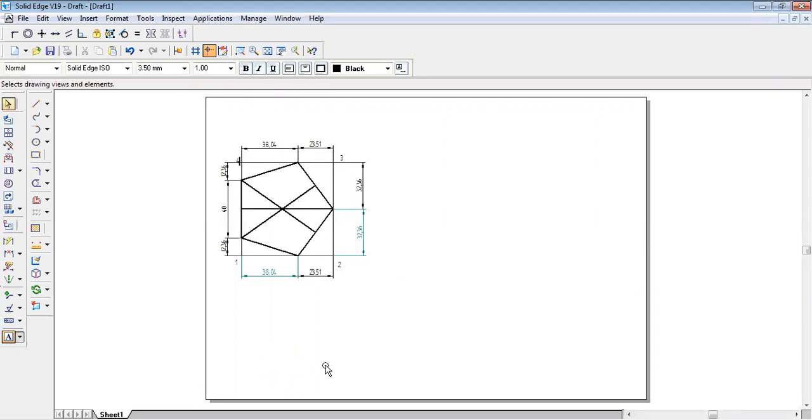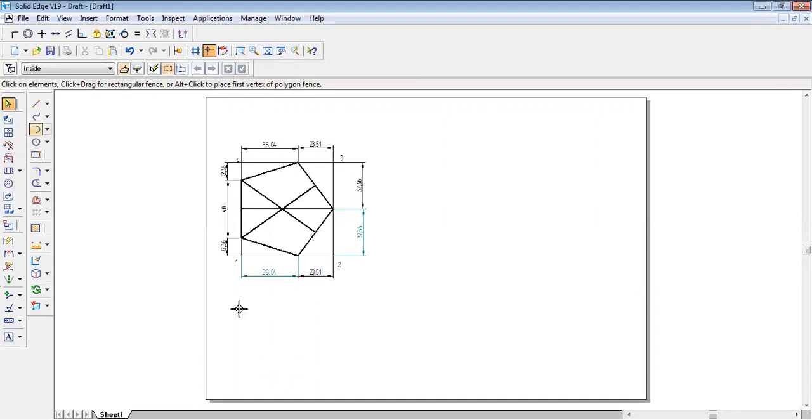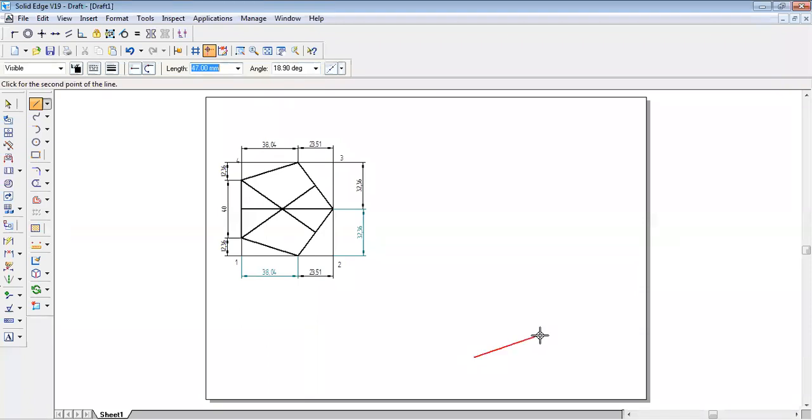Total 4 sides we have. First we'll draw 1 to 2, and this 1 to 2 is split in 2 times. That one I will draw. You observe it carefully. The first dimension is 38.04.